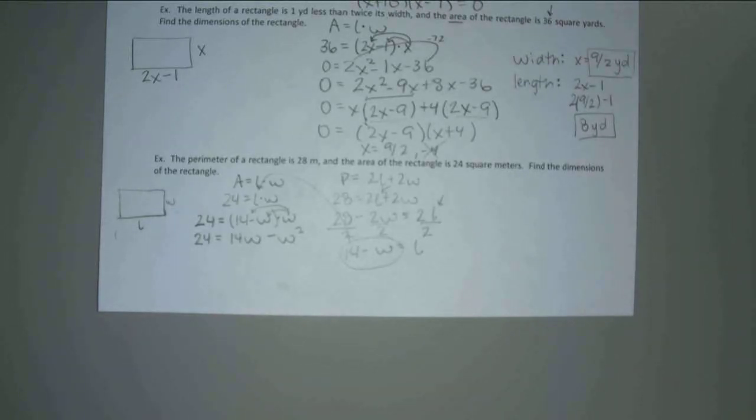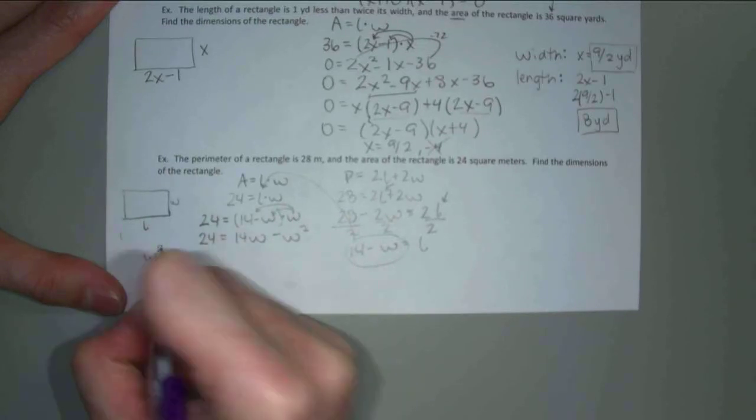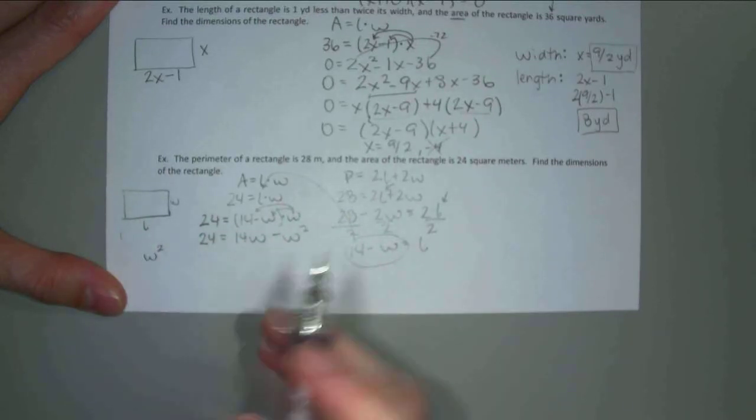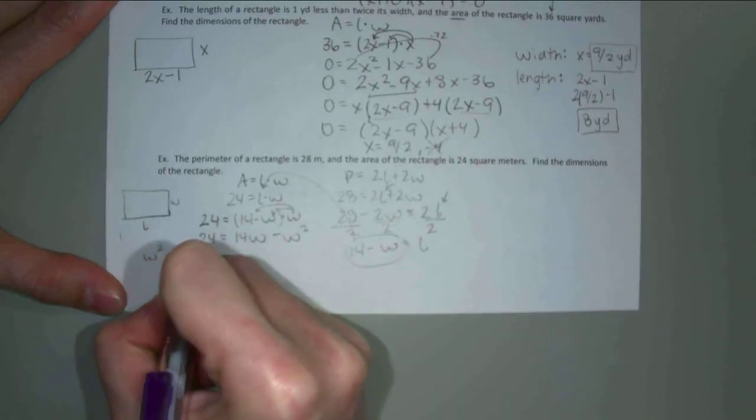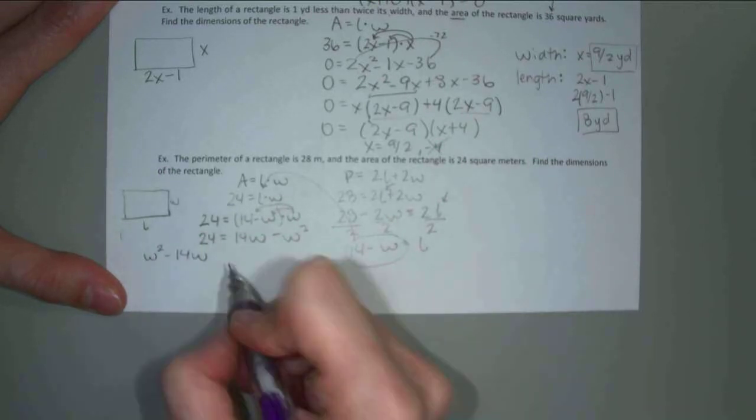I know it's moving more items, but I like my W squared to be positive. So I'm going to move both the 14W and the W squared over to the left and leave the 24 where it is. Since W squared is negative, I'm going to add it over. Since 14W is positive, I'm going to subtract it over, minus 14W. And since 24 didn't move, it stays a positive 24.